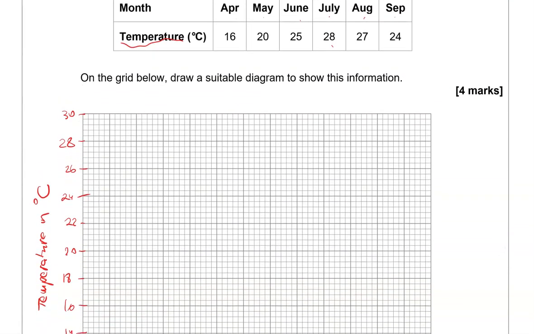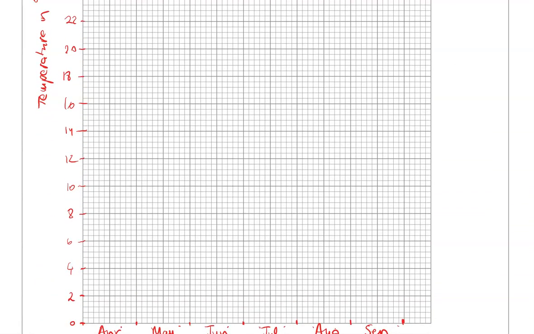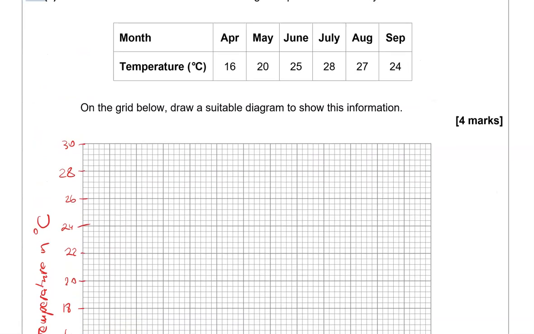So April goes to 16 degrees. Here is April, that goes to 16. And then we have May, that goes to 20.